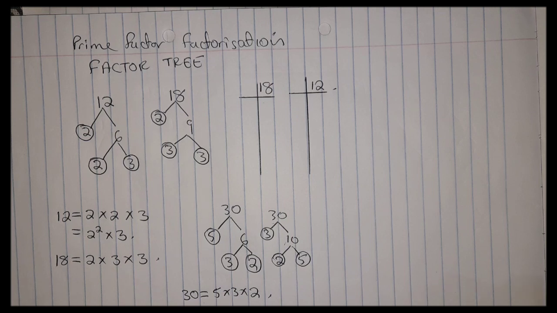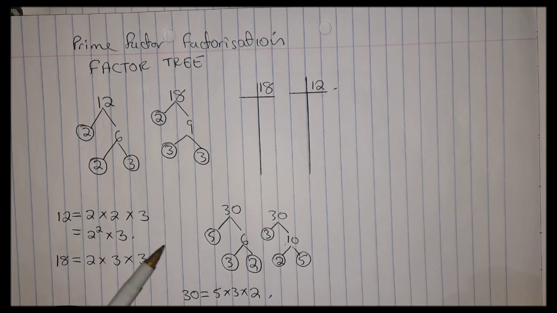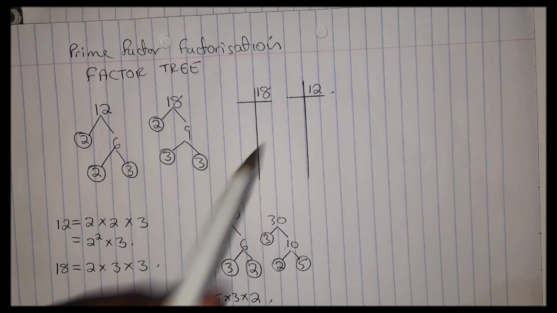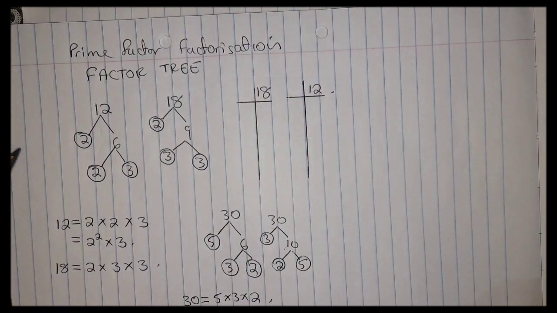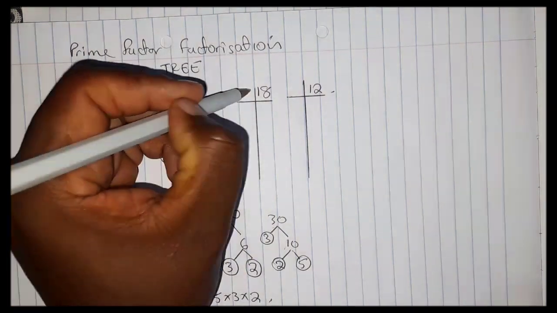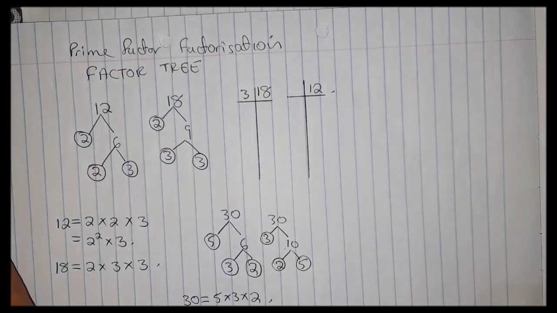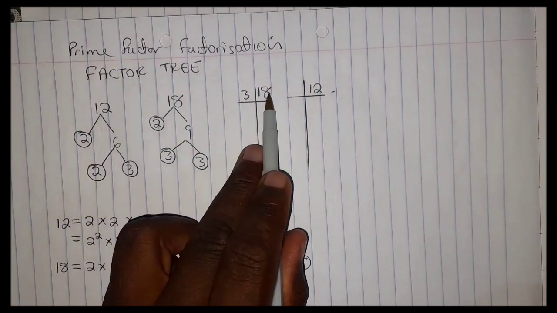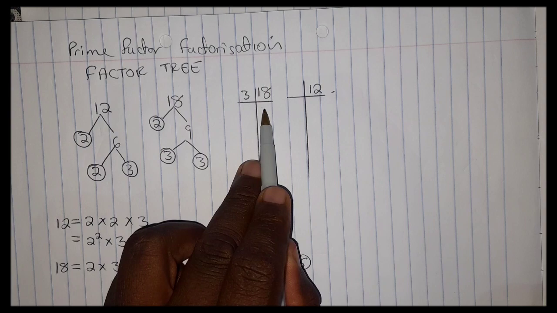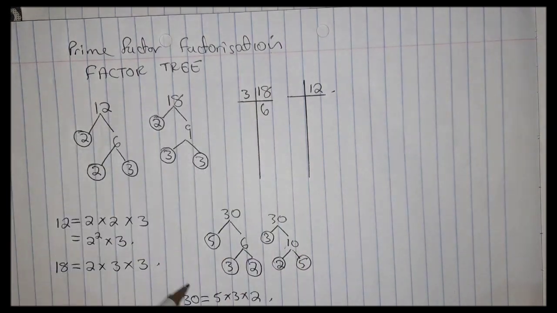And then there is a second method that you can use to perform the same task. We have 18 here. Which one should we start with? Let's start with 3. 3 is a prime number and it can get into 18. 3 can get into 18 how many times? We write the answer here. It's 6 times.